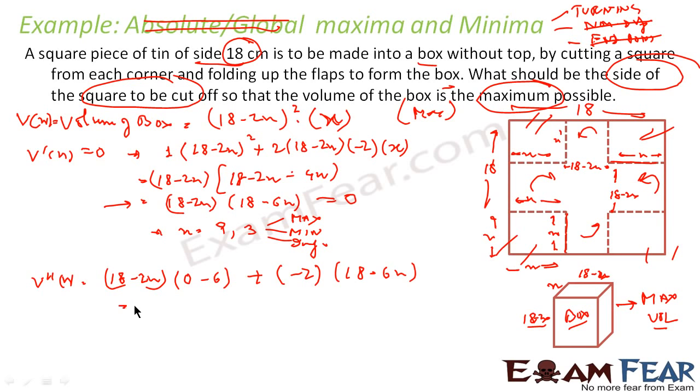If you solve this further, this is nothing but 18 into minus 6 plus 12x, minus 18 into 2, that is 36, plus again 12x, and this is nothing but 24x, correct?